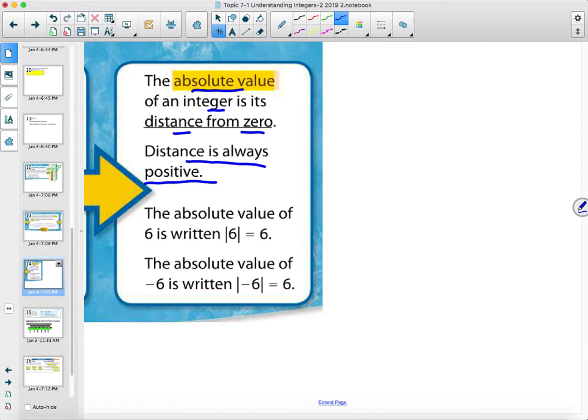So in this example, the absolute value of 6 is written as 2 lines on each side of 6, and those lines mean absolute value. Absolute value of 6 equals 6. Notice the absolute value of negative 6 is a positive 6. So absolute values are always positive because you're counting.